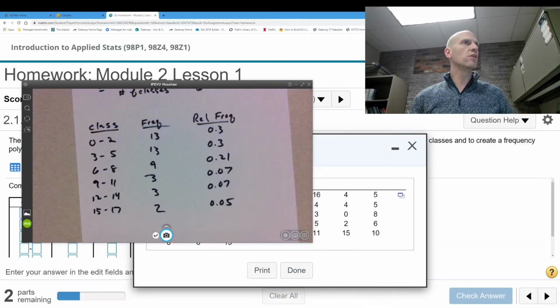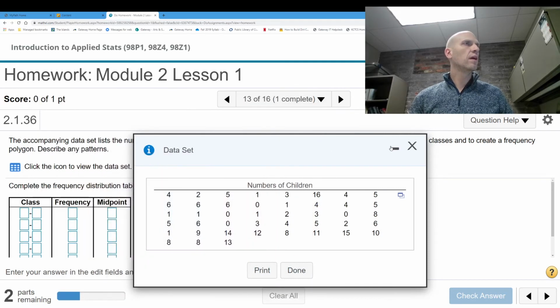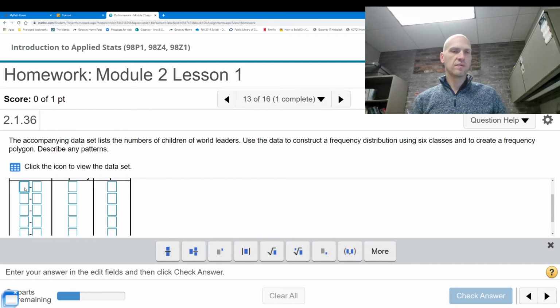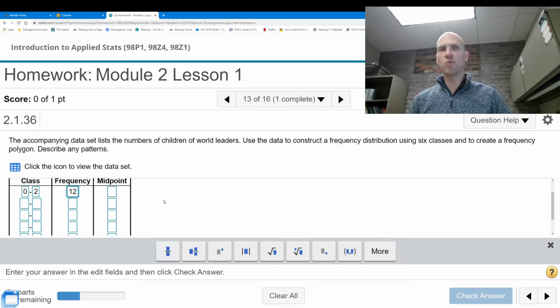I should be able to go to the homework and fill those out. Fill out the classes. This isn't very exciting to watch, but what did they ask for here? The midpoint. So I'm going to have to go back and get the midpoints.